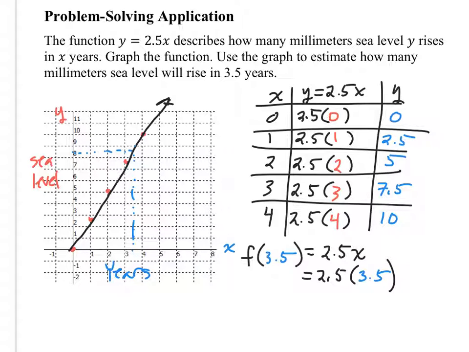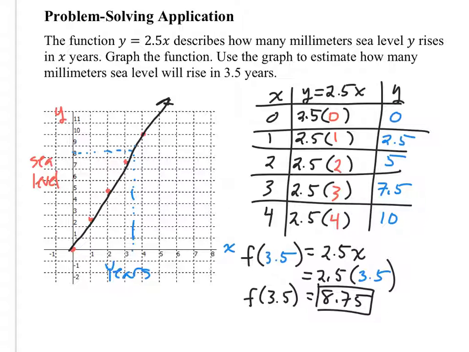Let me get my handy dandy calculator. That I don't want to do in my head. So that's 8.75. So f of 3.5 was 8.75.